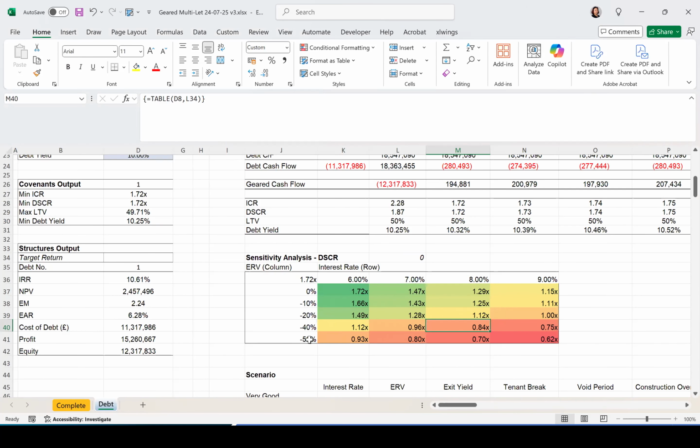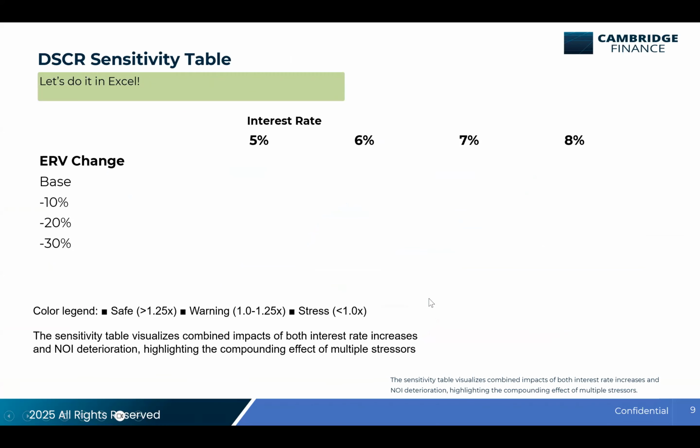In our case here, it will be around minus 50% if the interest remains 6%, but if interest rates go up by 1%, for example, then you need a reduction of 40% on your ERV in order to not be able to service this loan. Okay. So this is the sensitivity analysis that we need to carry out. So that's what we did in Excel.